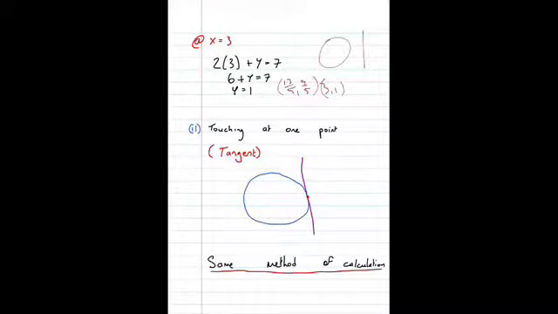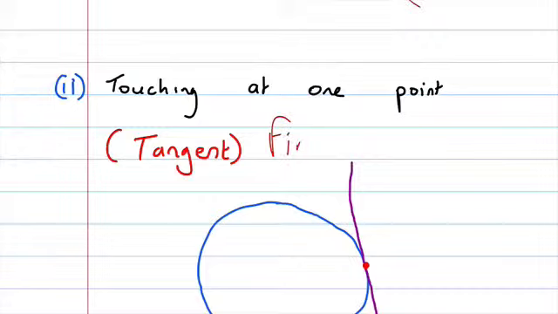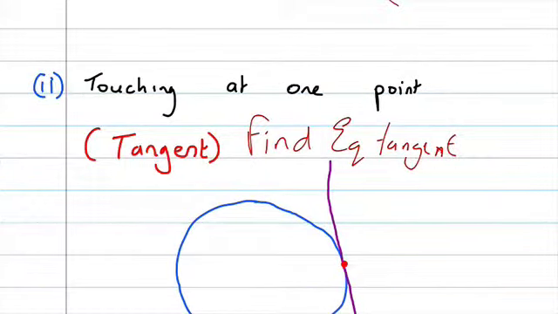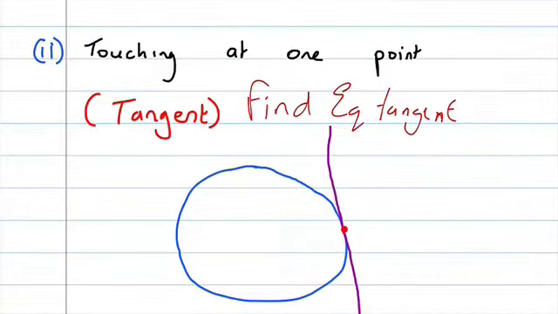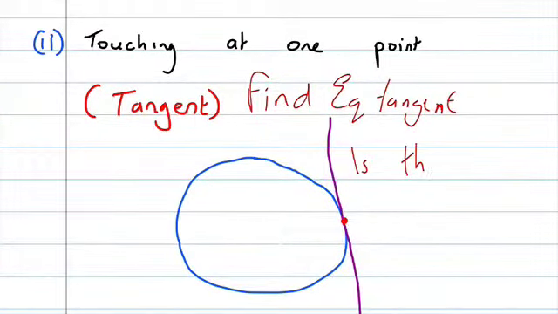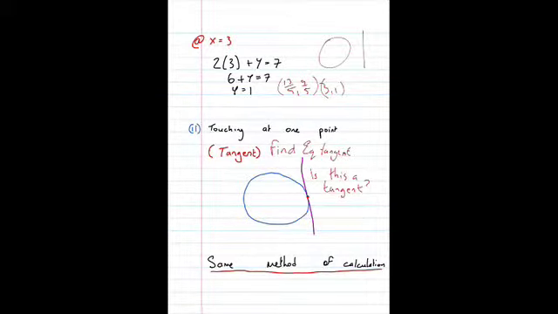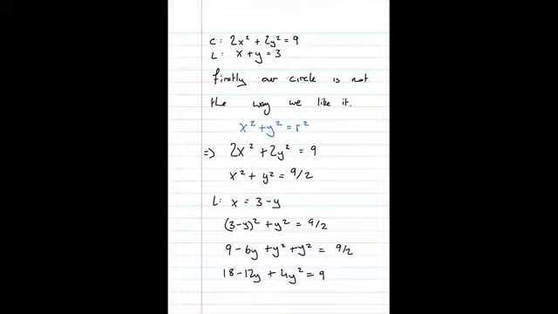So just be aware, the question might ask, find the equation of a tangent, or they might ask, is this a tangent? You just have to know what a tangent is. Where the circle meets the line at how many points? 1 point. So you do it exactly the same way.